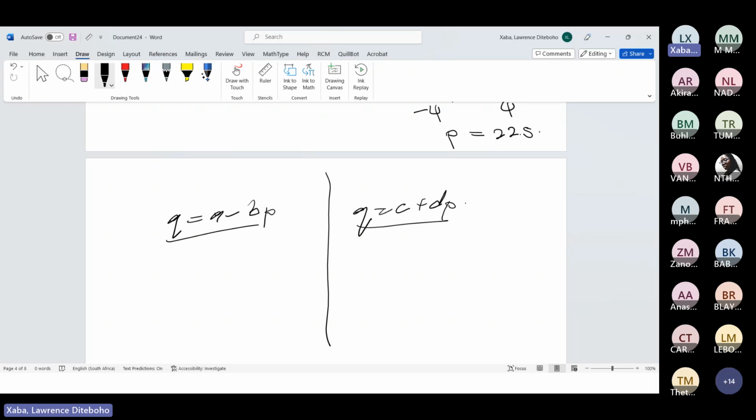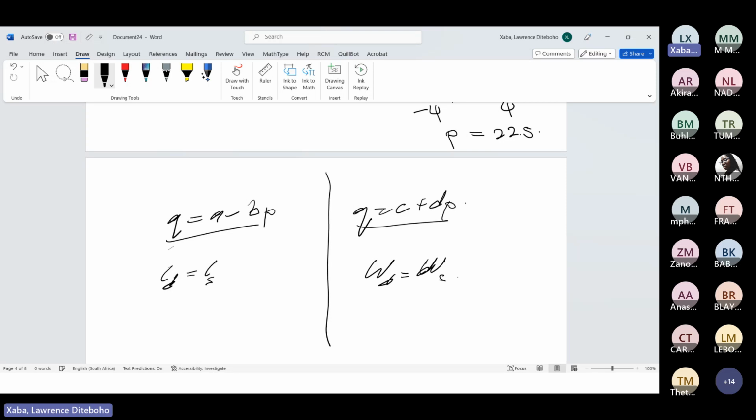For an example, we have L D equals L S. On this side, we again have W D equals W S. So the idea is still the same.